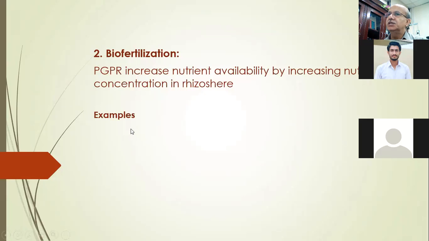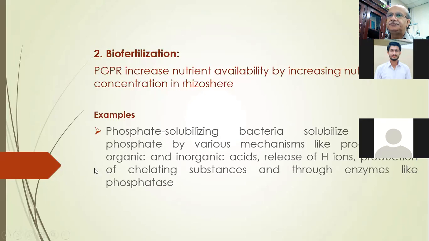For example, the phosphate solubilizing bacteria solubilize phosphate by various mechanisms like production of organic and inorganic acids, release of hydrogen ions, production of chelating substances, and through enzymes like phosphatases. This is how the PGPR increase nutrient concentration in the rhizosphere.